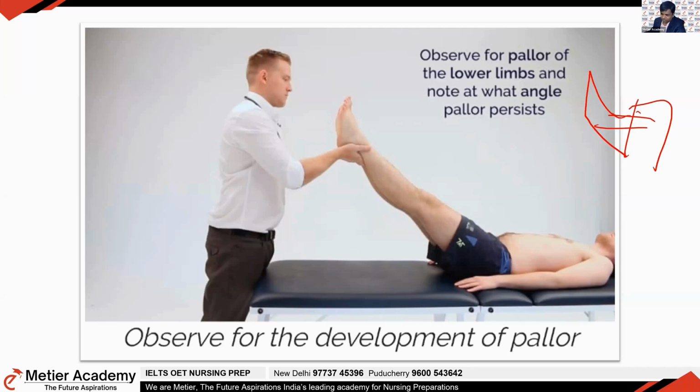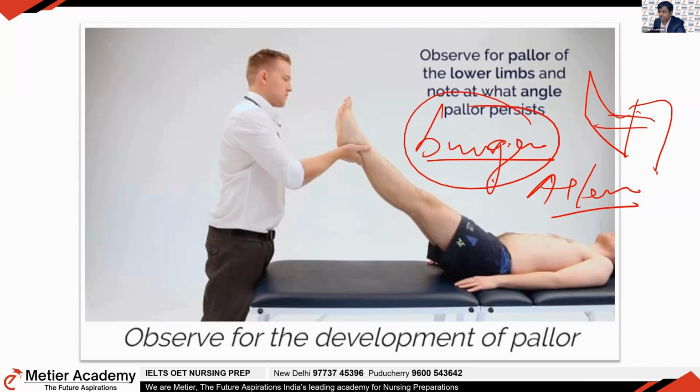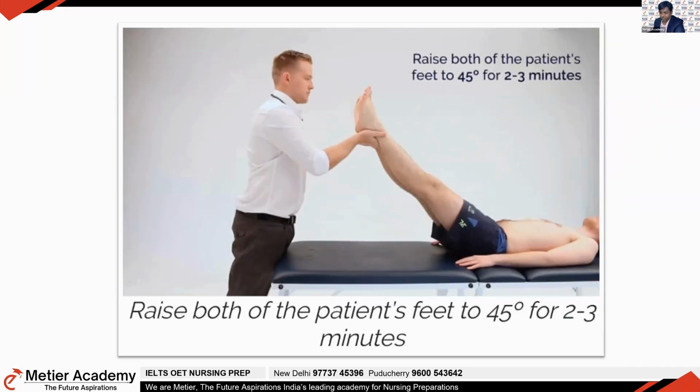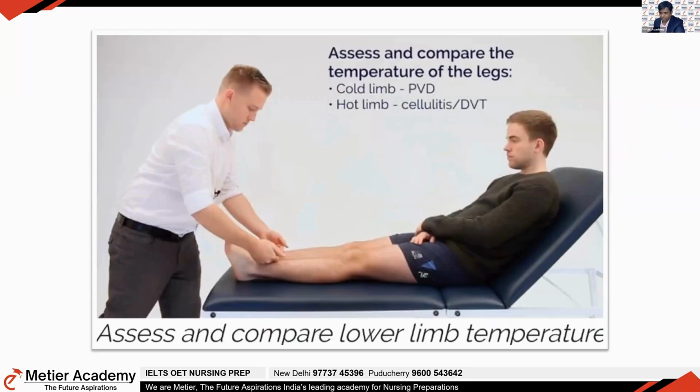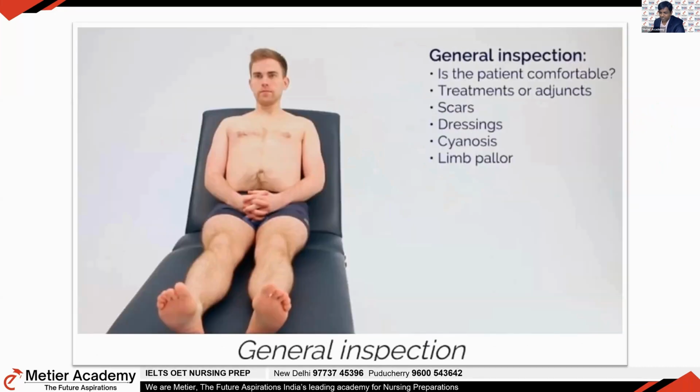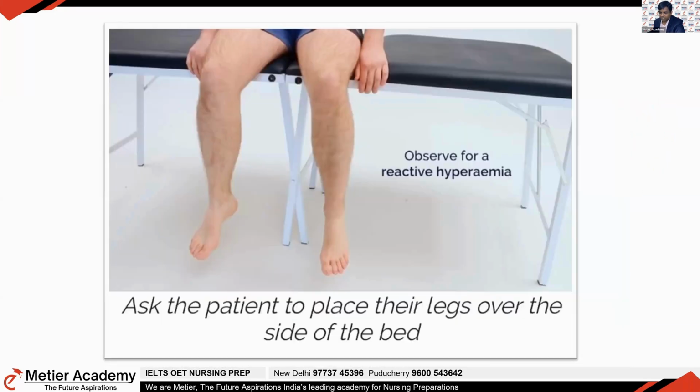Okay, I will tell. So, Buerger-Allen exercise in the PVD. I told you the patient will do it themselves, but here one person is doing the Buerger-Allen exercise. Development of pallor in Buerger's disease: usually they will lift the limb, then keep the limb straight, and in the third image, they will keep the limb down.